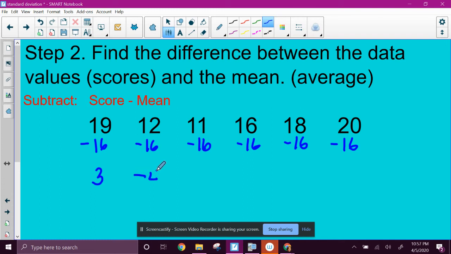Then you get -4 here. That's -5. That's 0, 2, and 4. So second step, very easy. Just take all of your data pieces that we started with and subtract the mean. Okay, so now we have a new data set, and we're going to use this data set going forward.